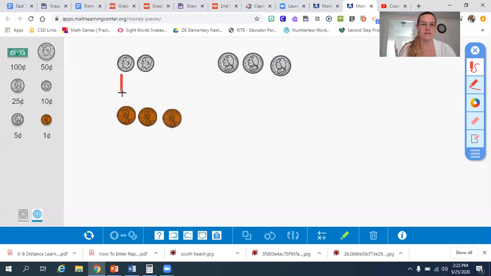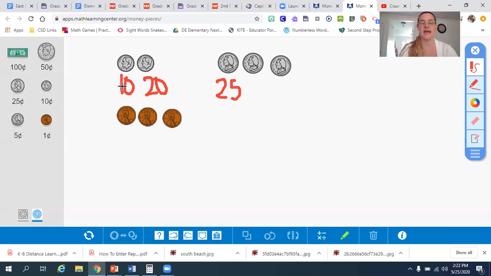I'm going to count 10, right? 10 plus 10 is 20. So 10, 20. This is a nickel. So I'm going to think 20, then 5 more, 25.